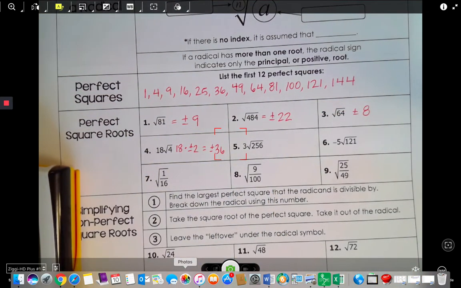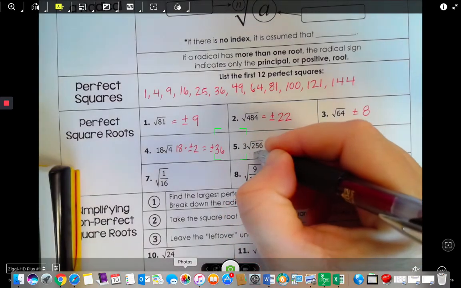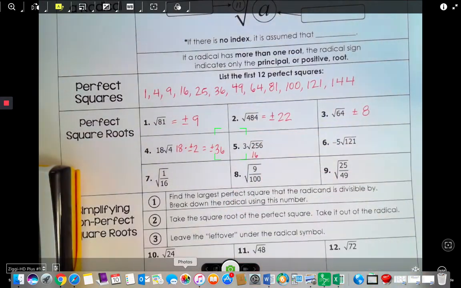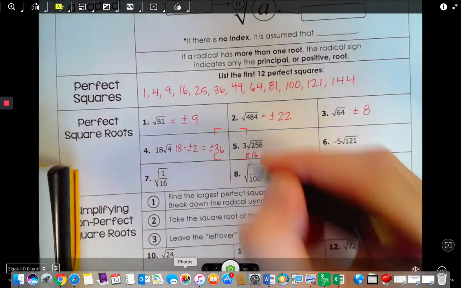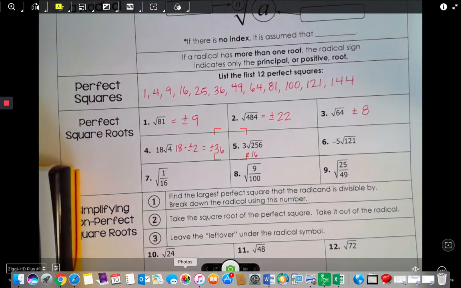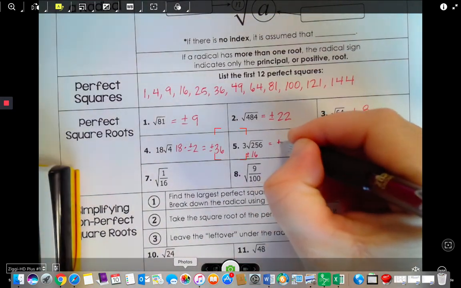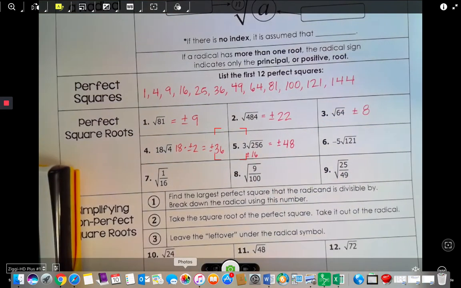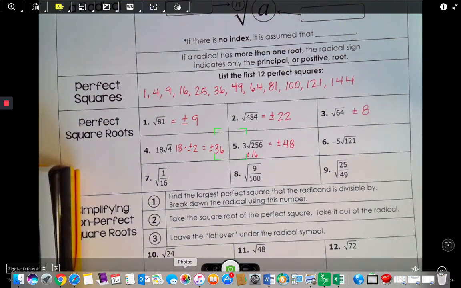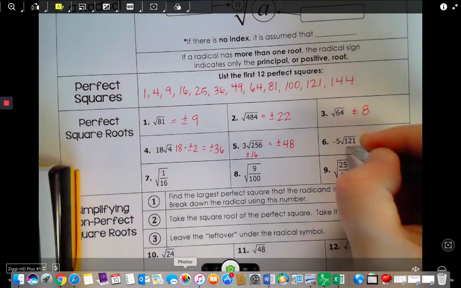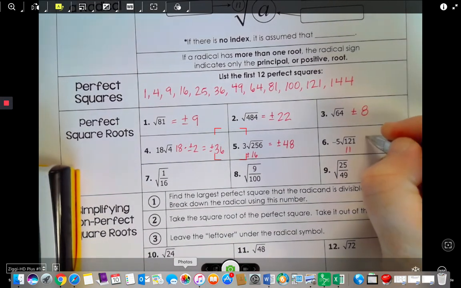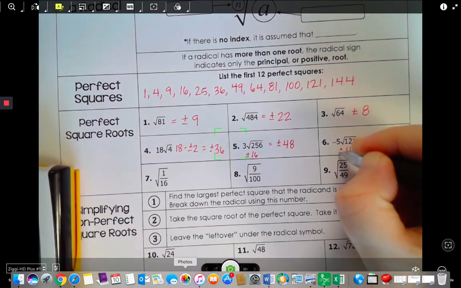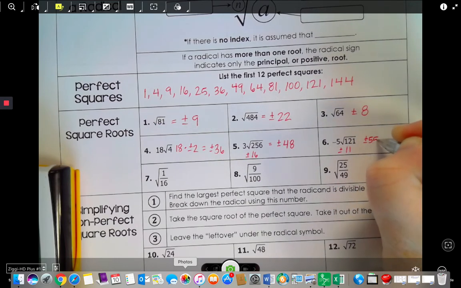Square root of 256 is plus or minus 16, and 3 times 16 is plus or minus 48. Kind of getting the hang of this here, right? So this would be the square root of 121, so plus or minus 11, plus or minus 55.